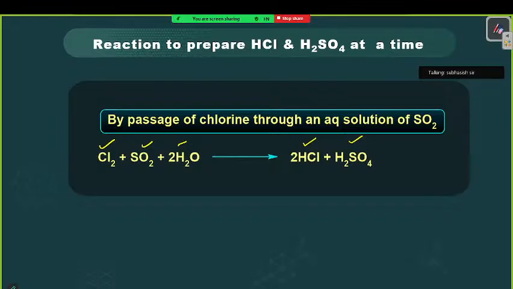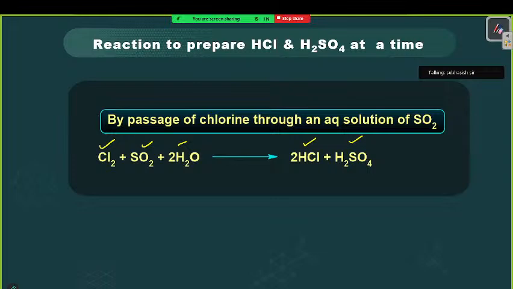So here chlorine is passed through an aqueous solution of sulfur dioxide and converts it into hydrochloric acid and sulfuric acid. Chlorine acts as an oxidizing agent because chlorine itself is reduced with the formation of HCl.